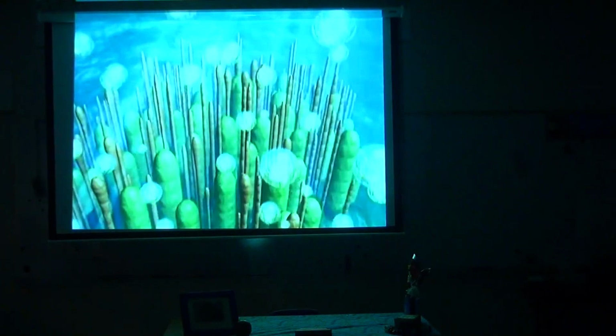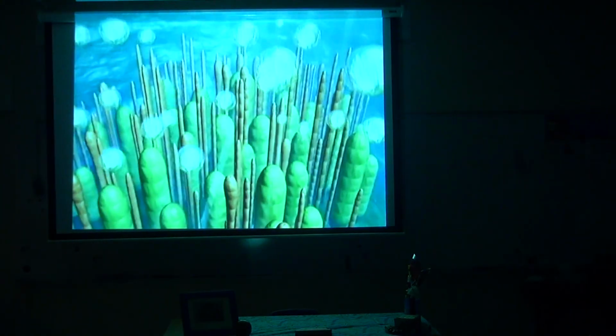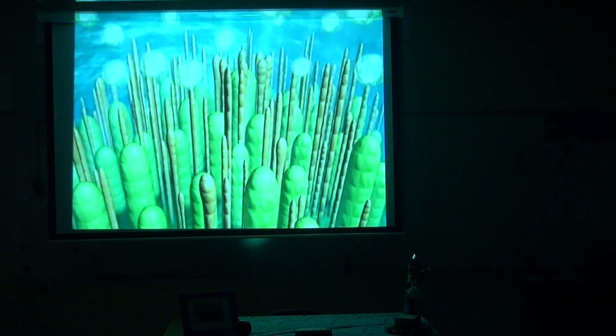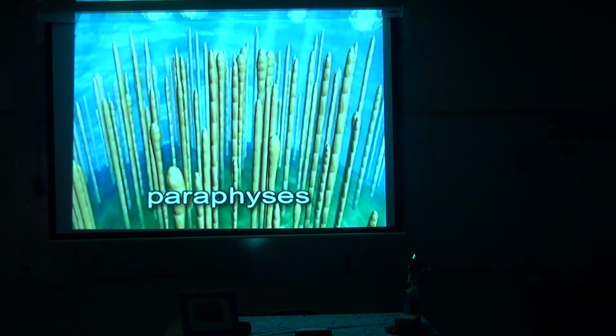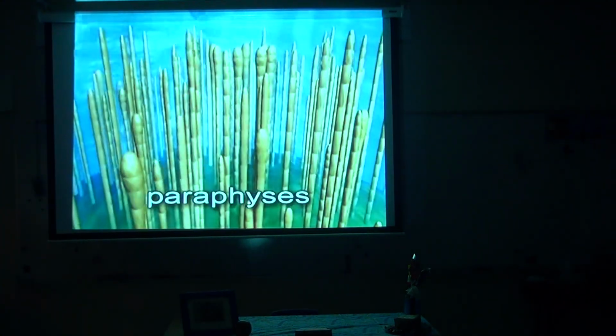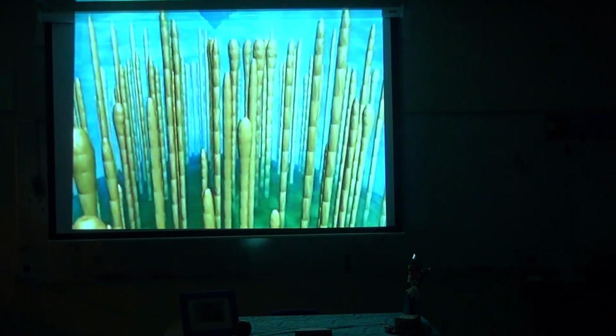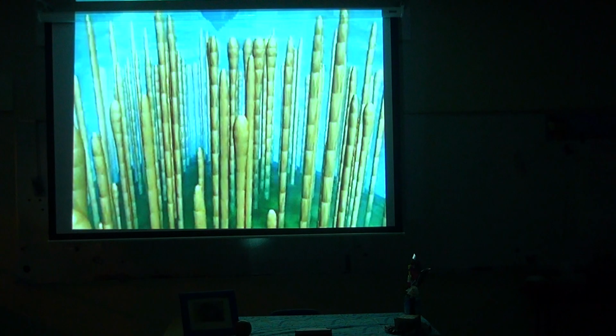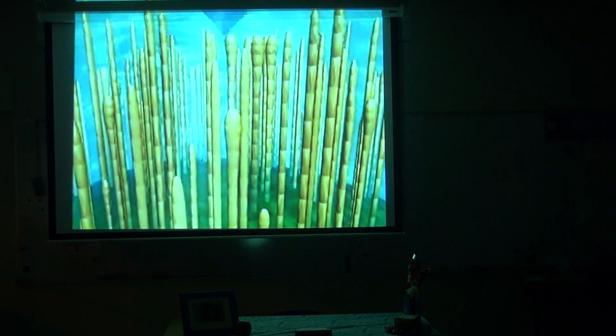Hair-like growths called paraphyses help to hold the water around the stem tips. How does it hold the water there? Adhesion. Right? Water wants to stick to a surface. So if it has all these rods just sticking out of the top, it'll hold a little ball of water.